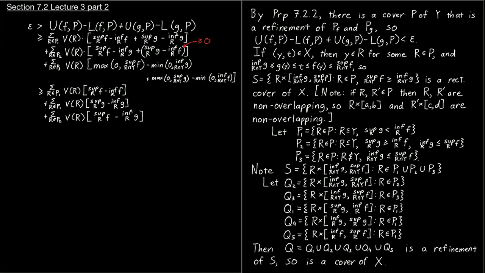And then these two, this thing is non-negative, maximum with 0. Minimum with 0 is non-positive. And then you take the maximum of 0, you get another non-negative thing. So we're going to leave out a bunch of non-negative things.